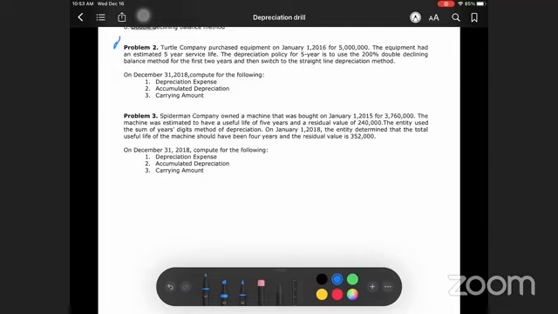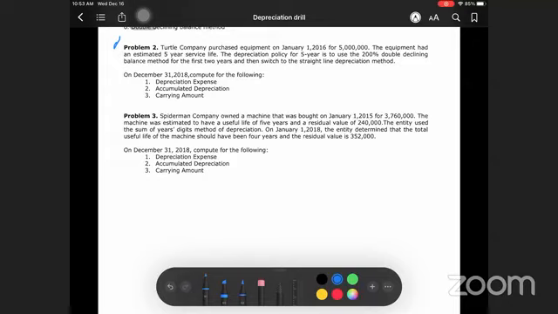Turtle Company purchased equipment on January 1, 2016 for 5 million. The equipment had an estimated 5-year service life, and the depreciation policy is to use the 200% double declining balance method for the first 2 years, and then switch to the straight line depreciation method.